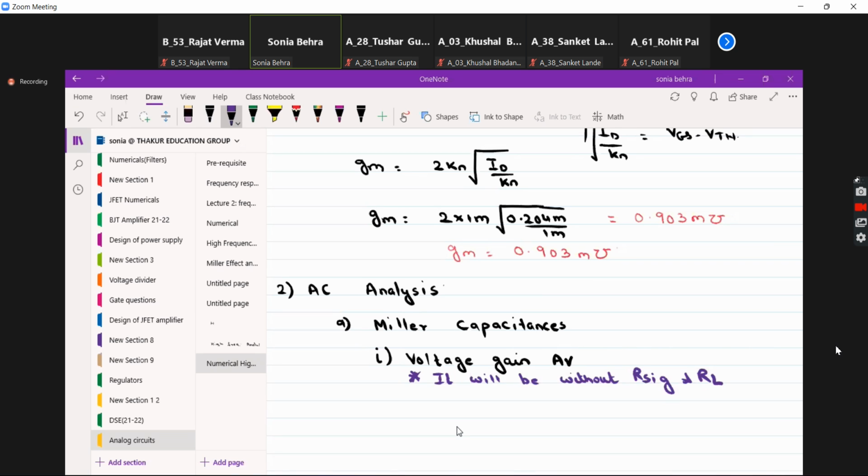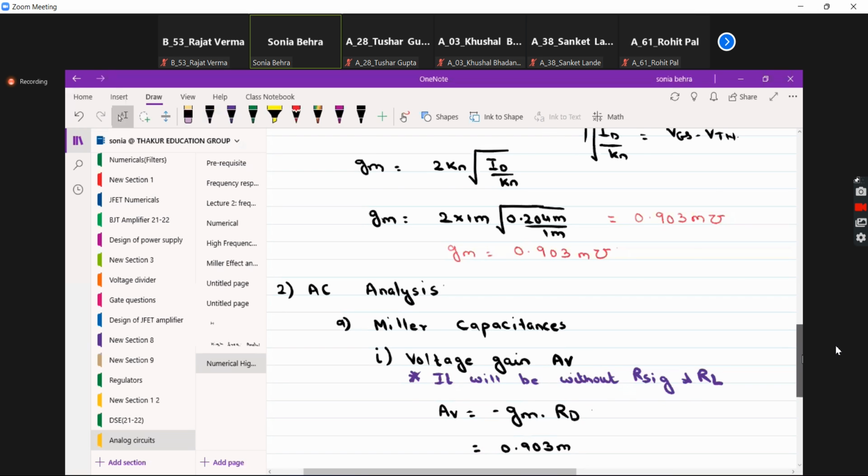Please remember this. So you directly have your formula. AV is given as minus GM into RD. GM value you got is 0.903 milli.